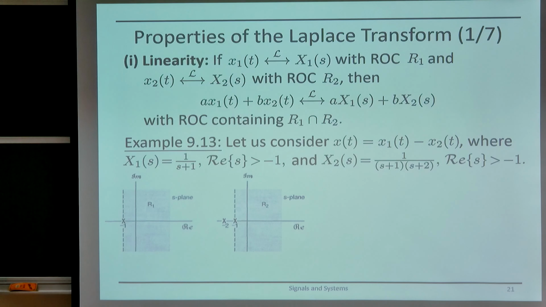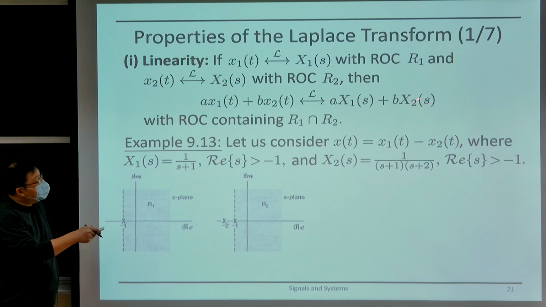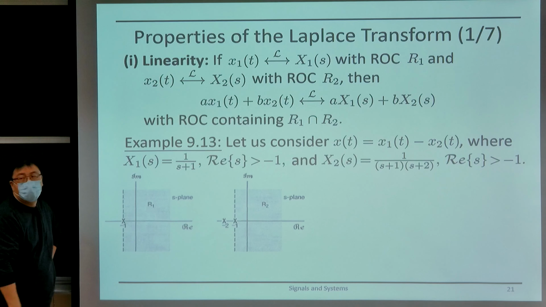In order for this Laplace transform to hold, this means that x1 must transform to capital X1, meaning that the s here should fall within R1, and that x2 should be able to transform to capital X2, which means that the s here should belong to R2.